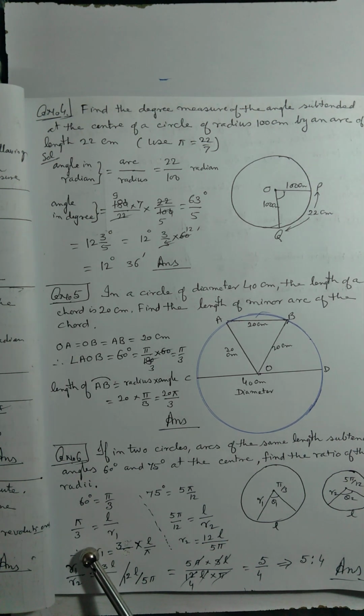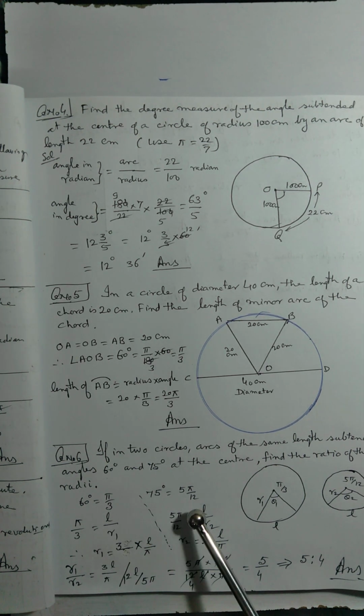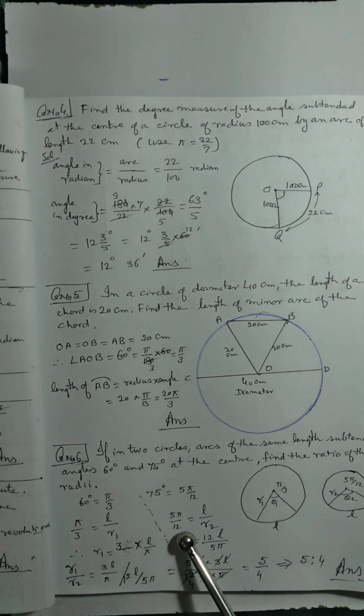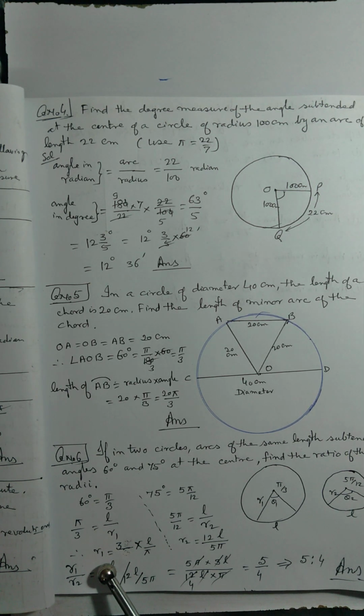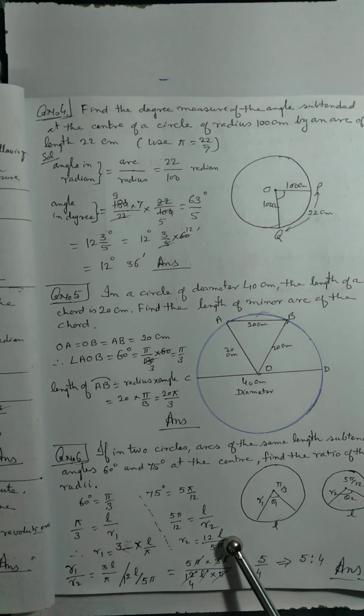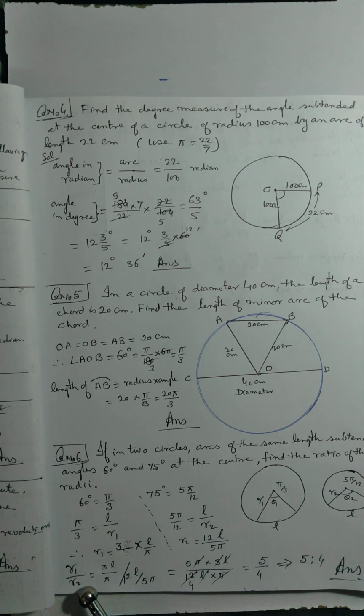So pi by 3 is equal to L by R1. Here 5 pi by 12 is equal to L by R2. So R1 will be equal to 3 into L by pi. R2 will be equal to 12 L by 5 pi. So R1 by R2 will be equal to 3 L by pi whole divided by 12 L by 5 pi.